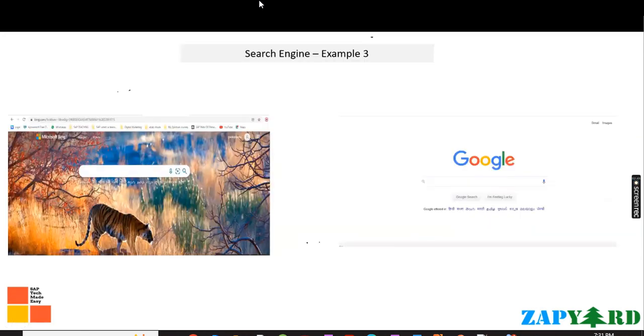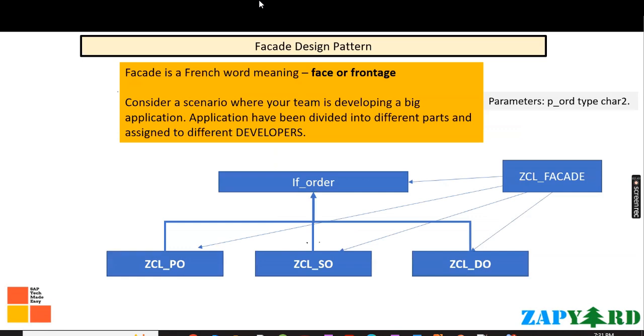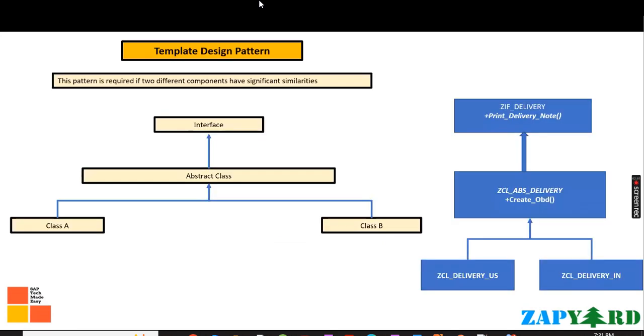We have seen a couple of real-time examples, and then I gave you one assignment for you to complete. Then we saw the template design pattern. This is the template we follow in our real-time projects. We will have the interface.